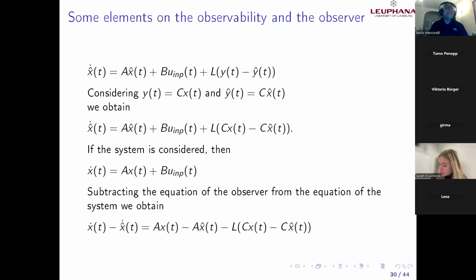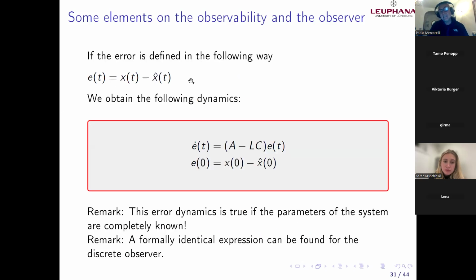Now, I define the observation error, which depends just on the initial condition, e of t equals x of t minus x hat of t, written here. I will have this expression here, which is the dynamics of the error, or better said, the observation error, which in our specific artificial example or explanation depends just on the initial condition.